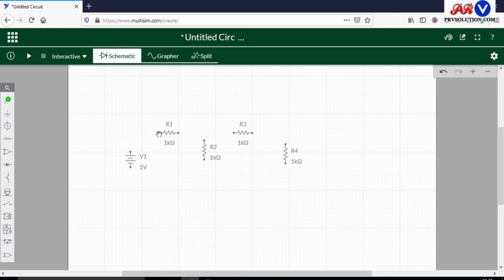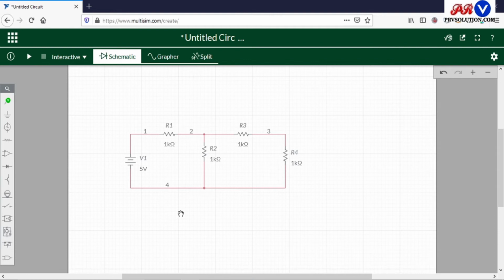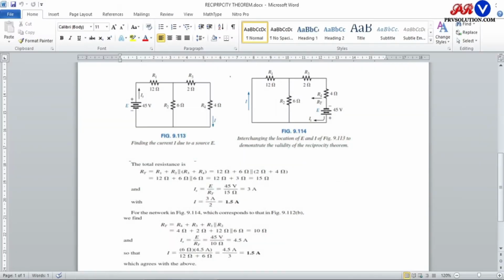Connect all the resistances to the voltage source as in the example. These are the connections. Change the values according to the example: 45 volt, 12 ohm, 6 ohm.